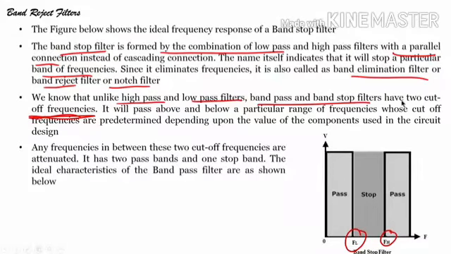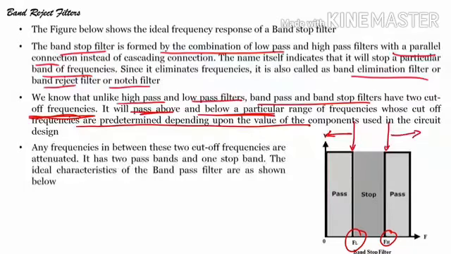Now, it has 2 cutoff frequencies when we have band pass and band reject filters. It will pass above and below a particular range of frequency whose cutoff frequency is predetermined depending on the value of components in the circuit design. So, what does that mean? Here in this particular case it will pass all the frequencies below FL and all the frequencies above FH.